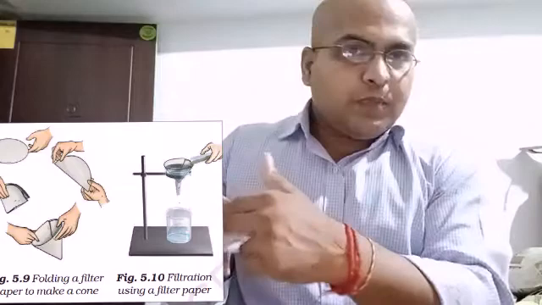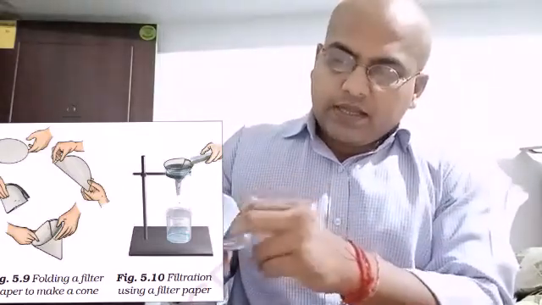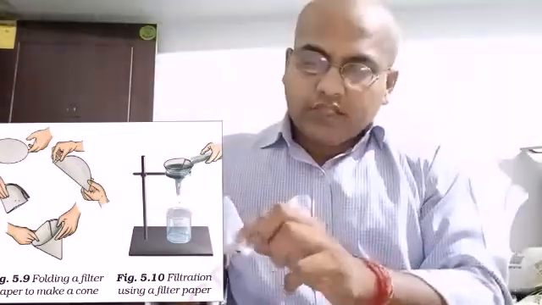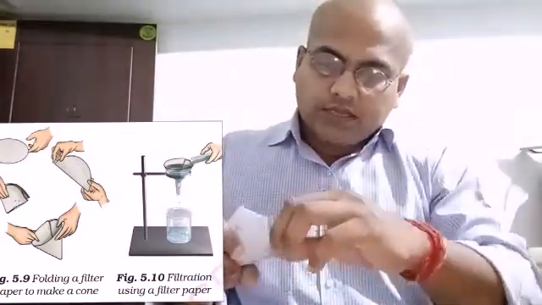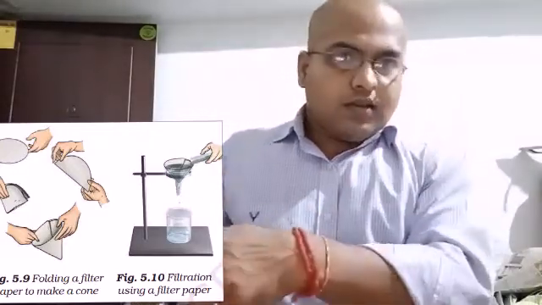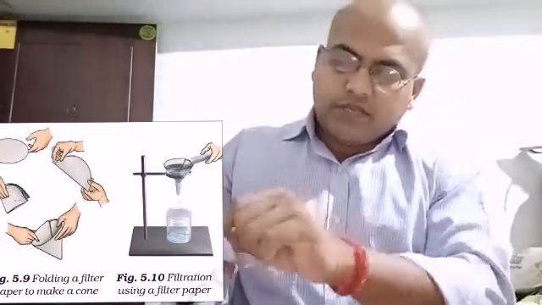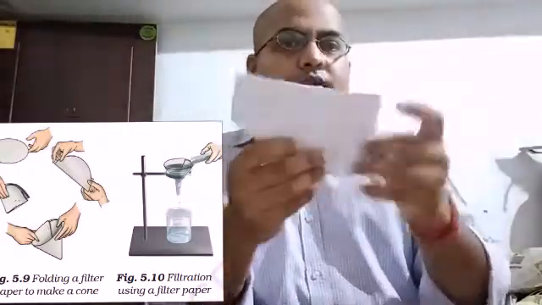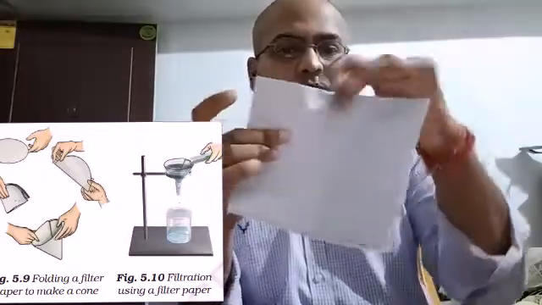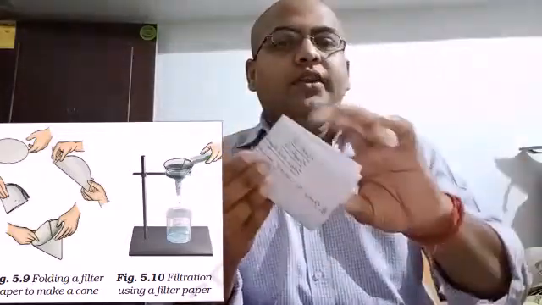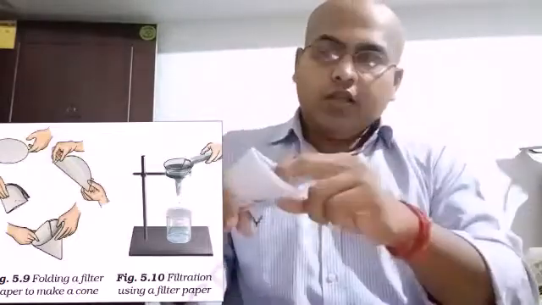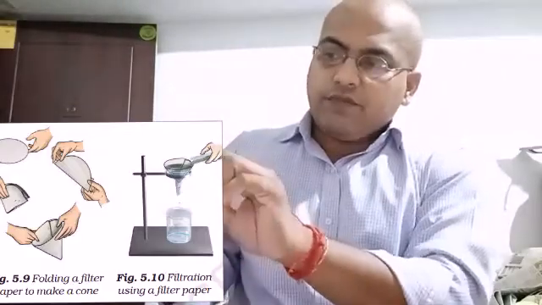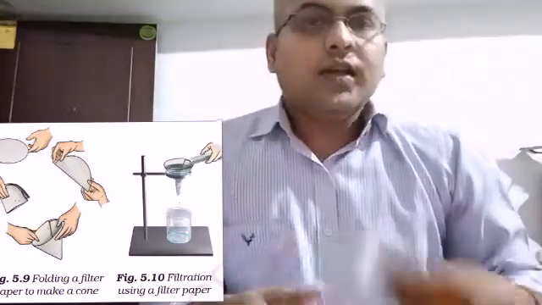When this part is used, we separate this part. Now we use this part. The same way, when this part is used, then comes the next part. Again, if it is used, then comes the next part. That is why, before using a proper filter paper, we fold it and make more folds, because one filter paper can be used 3-4 times to filter liquids.